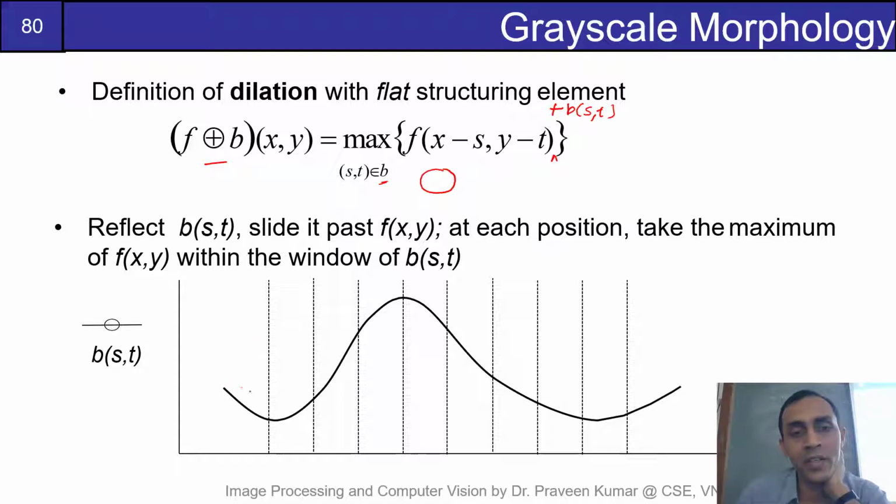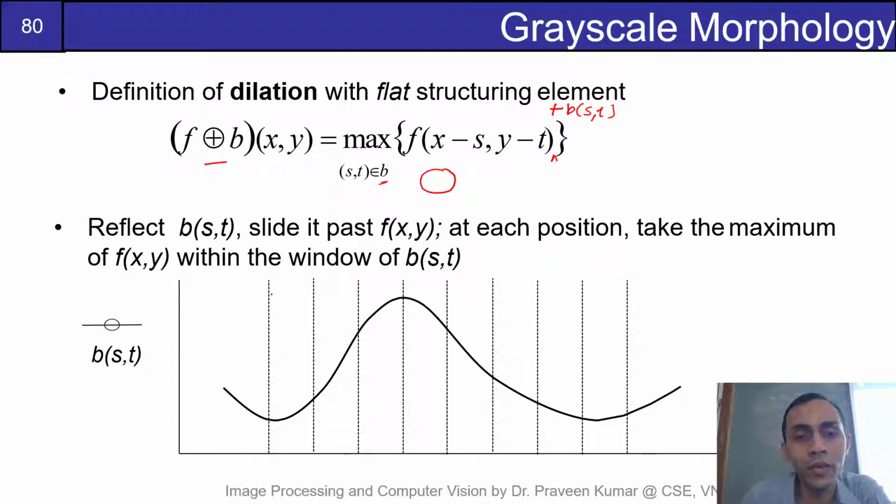Let us say our function f has a profile like this, and let us say we have a flat structuring element of some size. Again the dynamics will remain the same. We'll slide the structuring element along the function, and at each position, within that region, we'll take the maximum value.